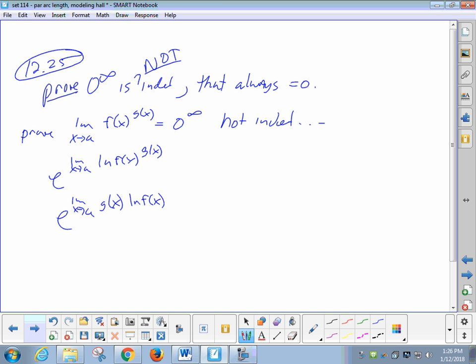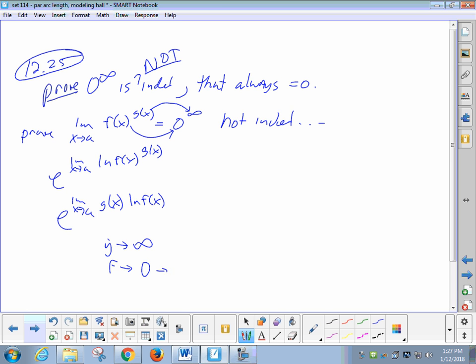G of x goes to what? Okay, so go based on their directions. They said create an f to the g that goes to 0 to the infinity. That implies that g is going to infinity, and that means f must be the part that's going to 0. So g is fine.